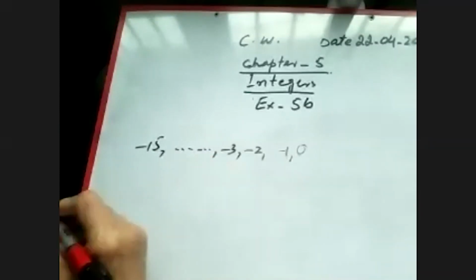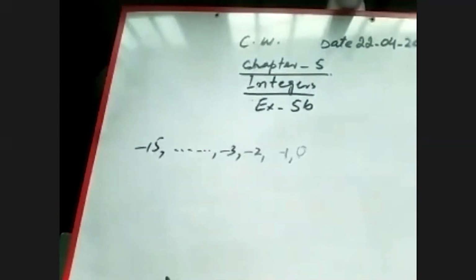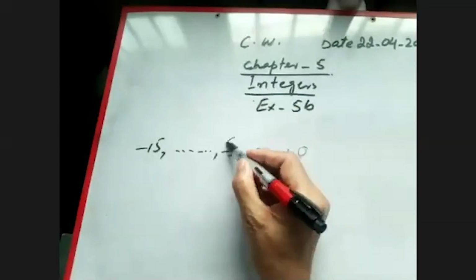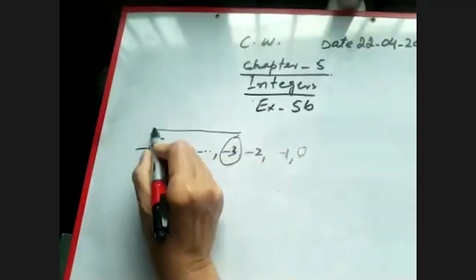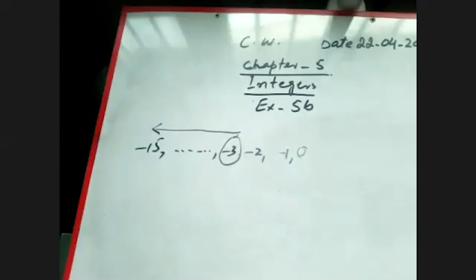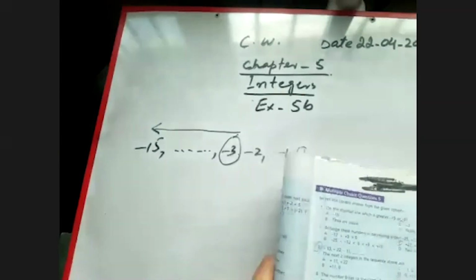So -15 is far away from -3. -3 becomes first. It is the greater figure. When you move towards the left side of the number line, the numbers are decreasing. So -3 is the greater figure and -15 is smaller. So which one is greater? -3 is greater on the number line.